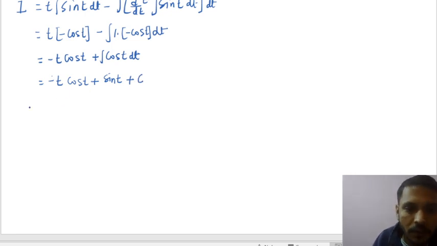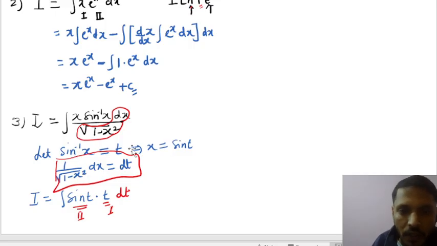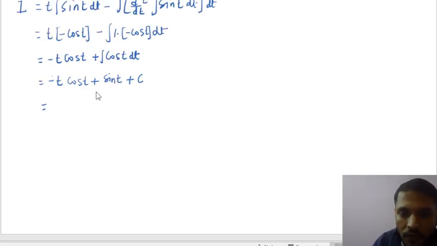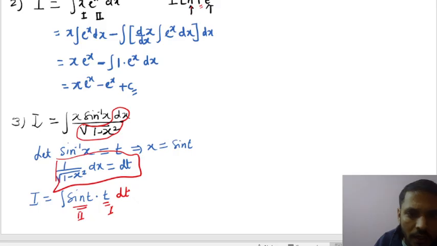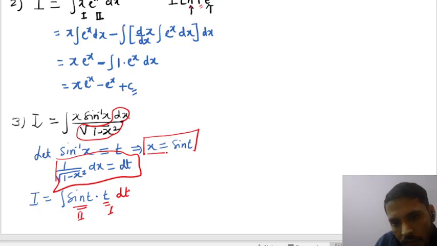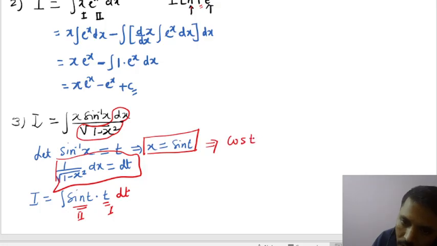But we need to replace our t. As you can see in the previous slide, we considered t equal to sin inverse of x. In the answer we have cos t and sin t, and sin t is equal to x. So can you tell me the cos t value? From the identity sin square plus cos square, cos t will be equal to under root of 1 minus x square.